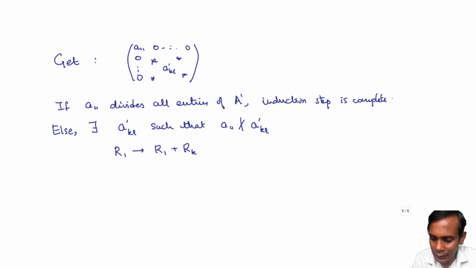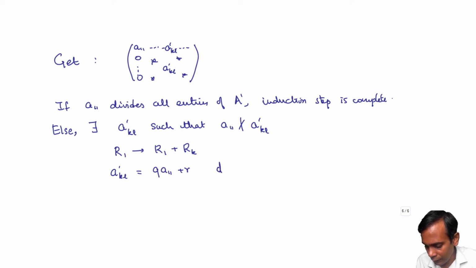So what will happen is that will bring this entry A prime KL up here, and it will also mess up the rest of the first row. Okay, but then you can again apply the Euclidean algorithm. So A prime KL is Q times A11 plus R, where D of R is strictly less than D of A11.